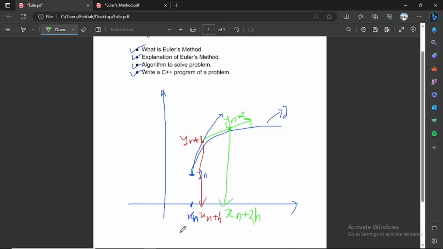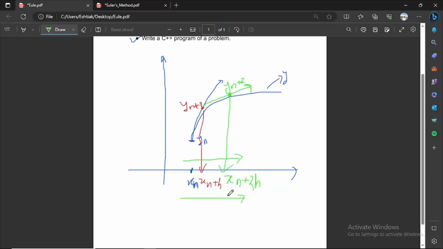Here we are saying that our x value is changing by h each time. Here it was 0h, here 1h, here 2h, and we are going forward with equally spaced values of x.